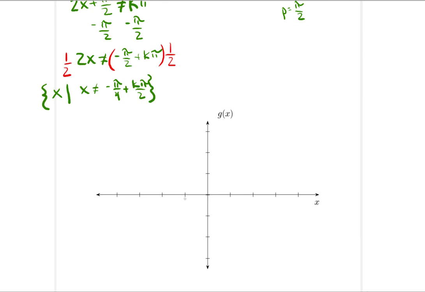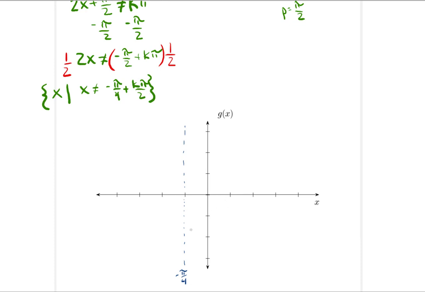So at negative pi over 4, I'm going to put my asymptote. I'll go ahead and label it right here. Negative pi over 4. Okay, and then every multiple of pi over 2 from there.